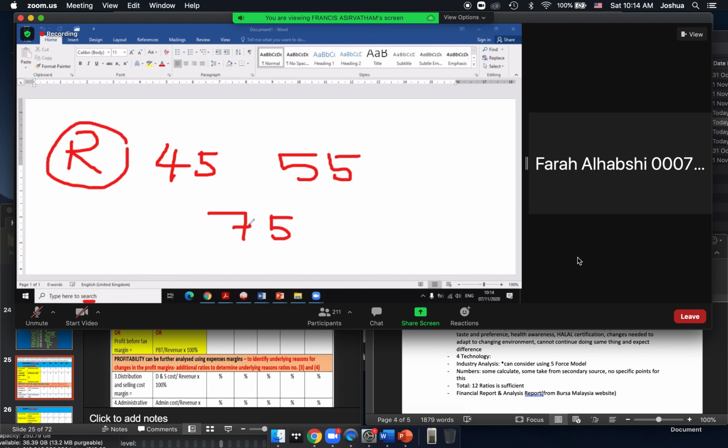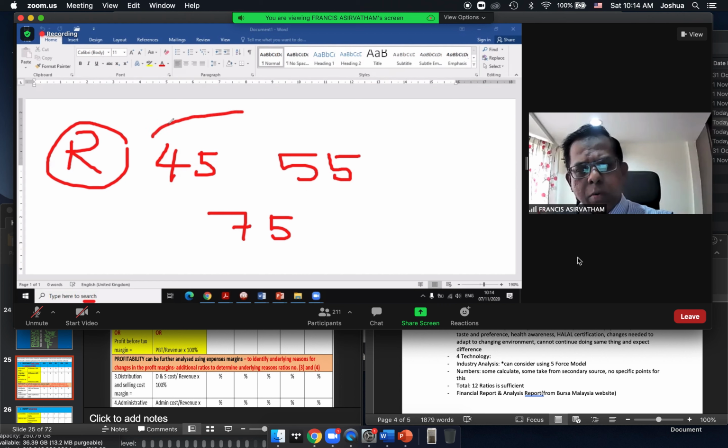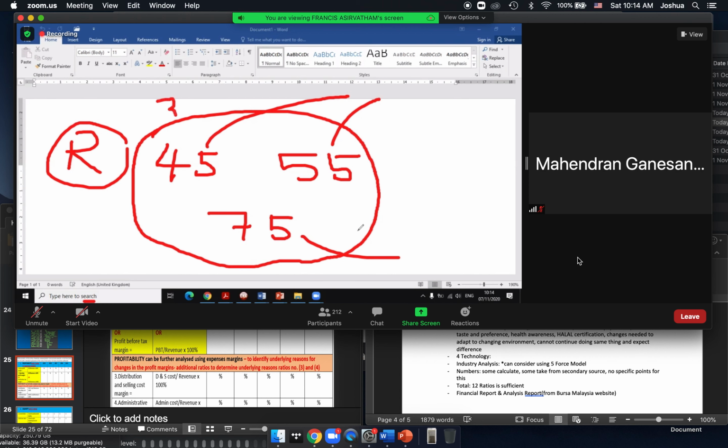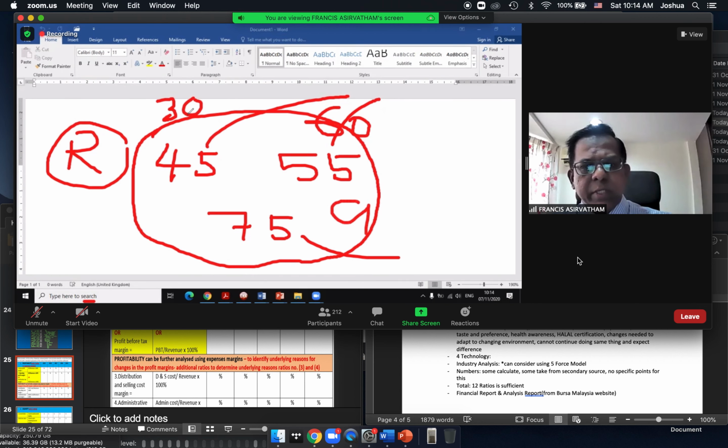It's increasing. Okay. But I see a different view. One is increasing. Secondly, I'm seeing it's not a round number. I don't see companies giving 45 days term. It's either 30 days, 60 days, or 90 days. How can you have these numbers? It's not a round number, which means I need further information.